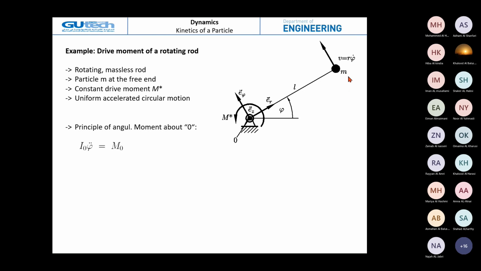The mass has the velocity r phi dot. Now we look at the moment about the point O. Then we have I_O multiplied by phi double dot, which is equal to M_O. This is the principle of angular momentum.